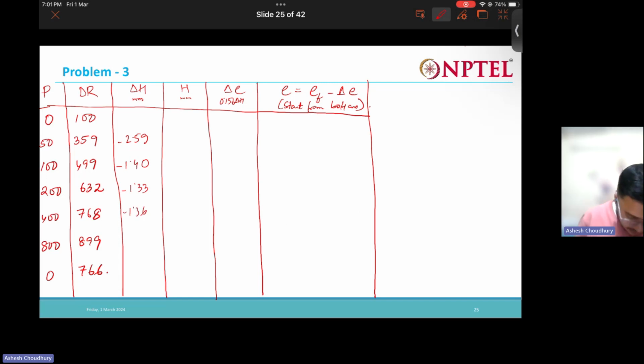Like this, 899 from 768, minus 899, 131, that means minus 1.31. And at last, 899 minus 766 is 1.33. So this is the change in heights. Each change in height, from here to here to here, we are writing.